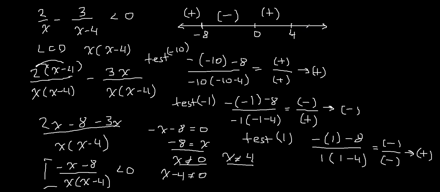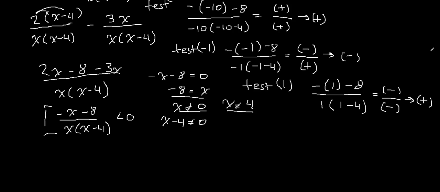Let's try one last place. This is probably going to be negative, but let's try it to make sure. Test 5: negative 5 minus 8 over 5 times 5 minus 4.